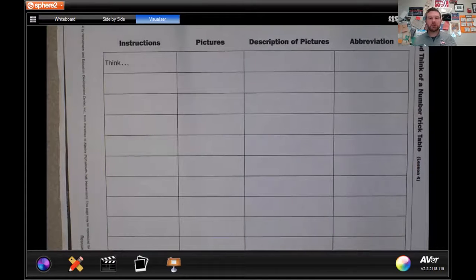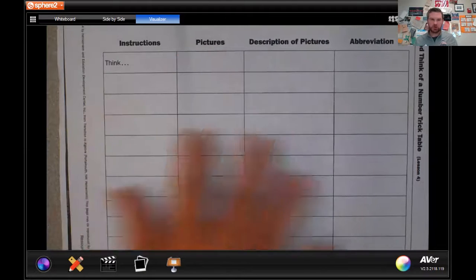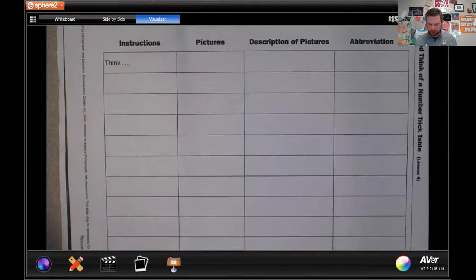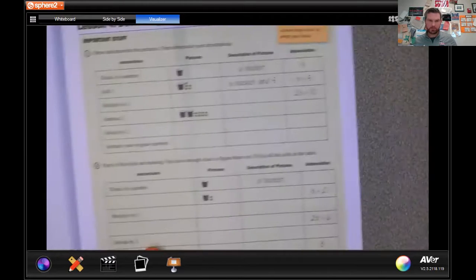The abbreviation part is where more of the algebra comes into play, and we use letters to keep track of what is what. We're going to do one of these in class. If you're in class, you get the advantage of that. If not, we're going to jump right into the workbook here.